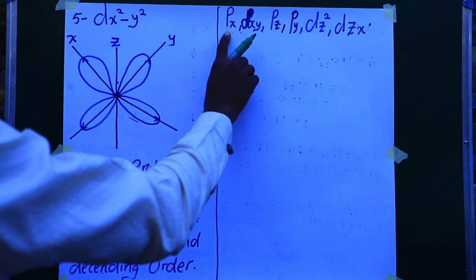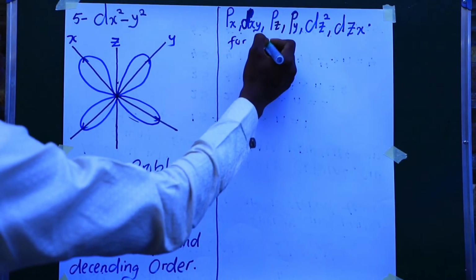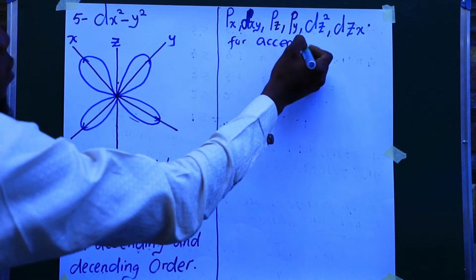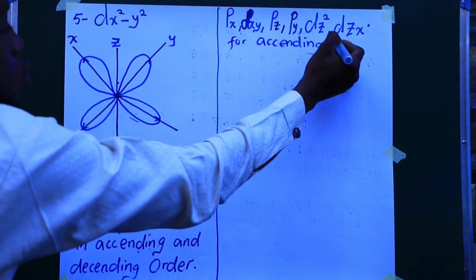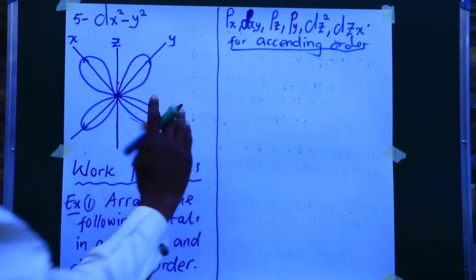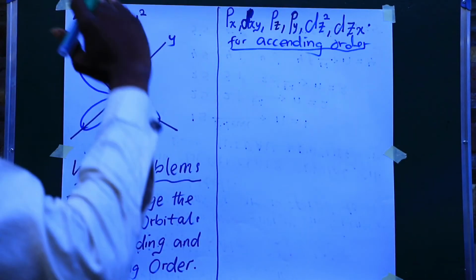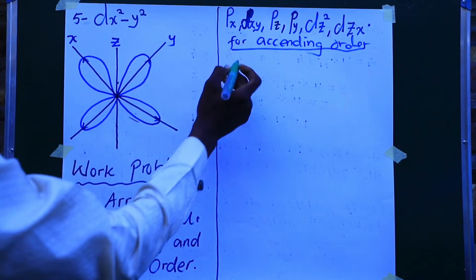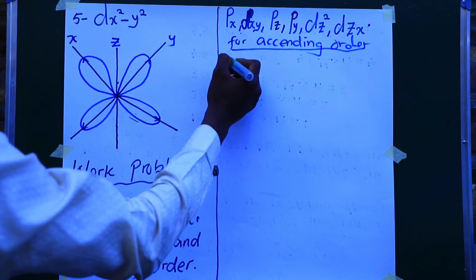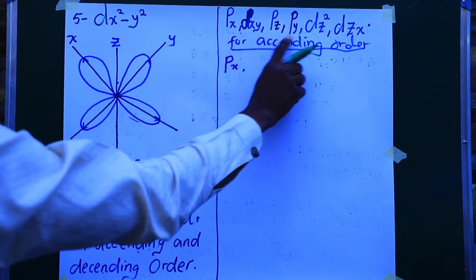So now let's try to solve this problem in ascending order. For ascending order, we are going to start with the lowest orbital. The lowest orbital here is px. We have px, then we have py.